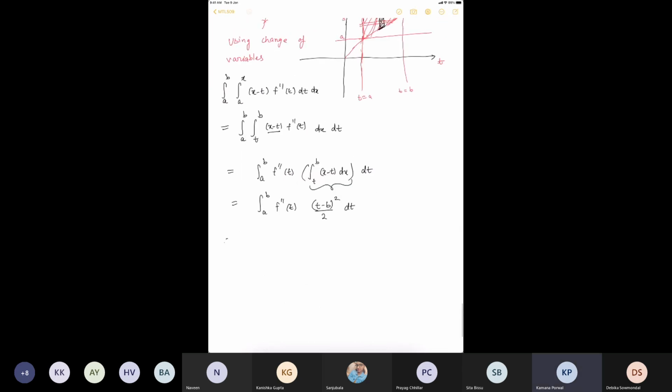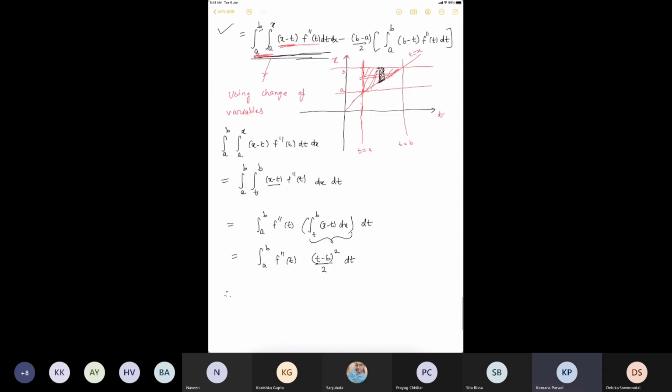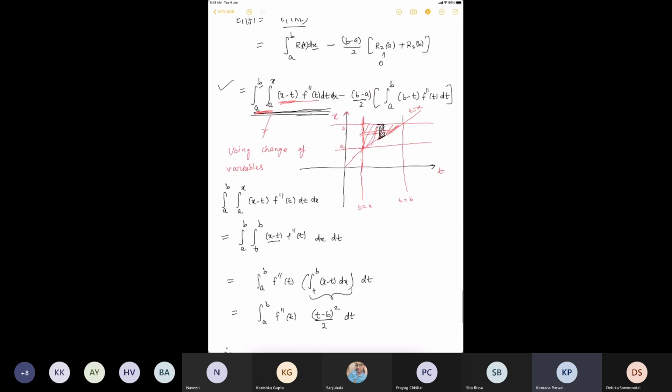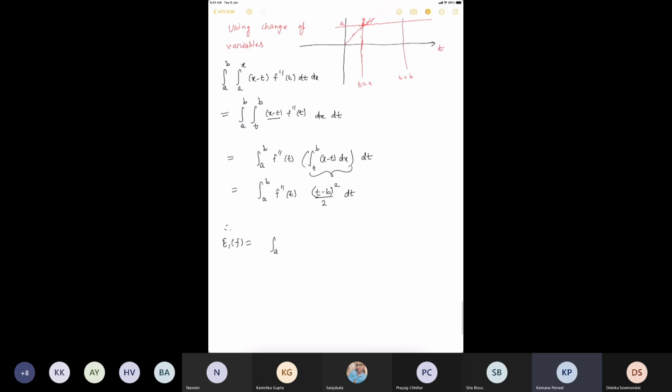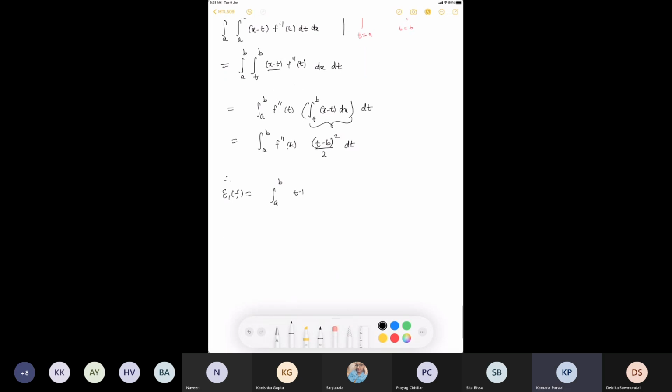Therefore I can just go back to this step here. So E1 of f, I'm just going to substitute here this integral value. So this is integral a to b (t minus b) square divided by 2 f double prime t dt.